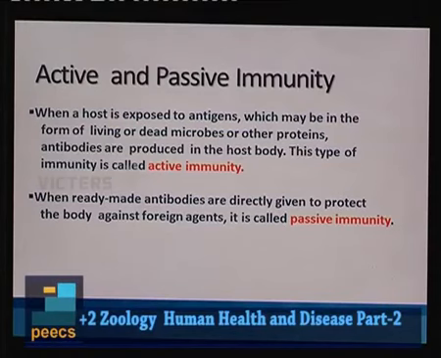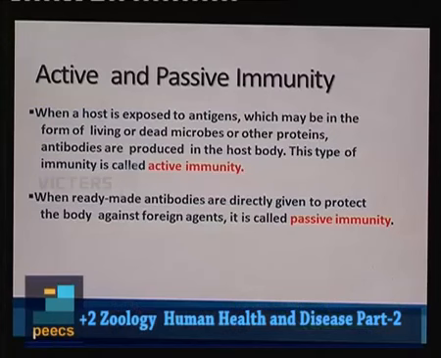So, that is known as active immunity. What about passive immunity? Passive immunity happens by direct entry of antibodies. When ready-made antibodies are entering into an organism, it will result in passive immunity. So, acquired immunity has two types, active immunity and passive immunity.